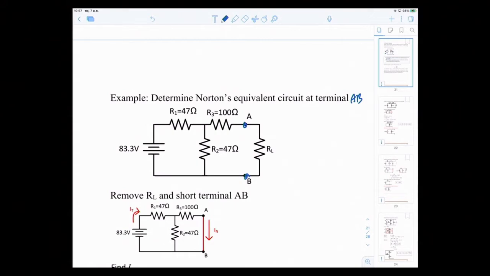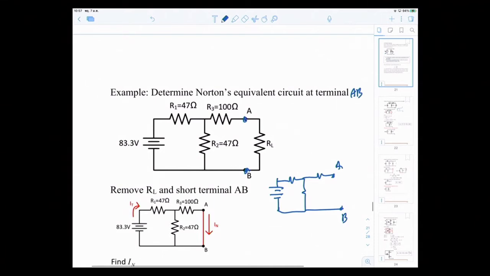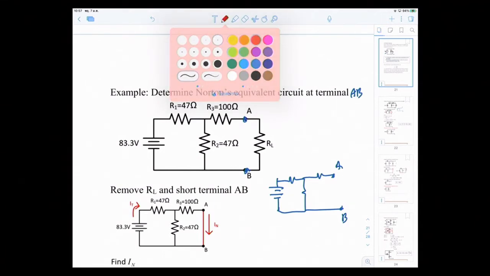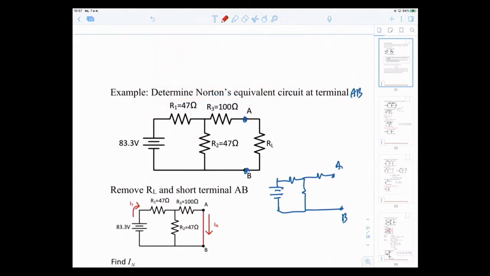When I remove RL, it becomes this circuit right here, AB. IN is the short circuit current at the terminal that we want to find. So we short this, and this is your I short circuit, equal to IN, your Norton current.